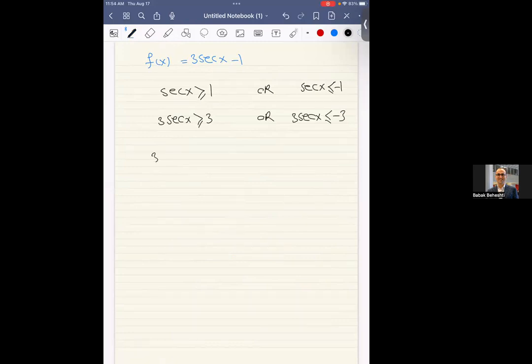So that means 3 times secant x minus 1 is greater than 2. So that means the range is all numbers less than negative 4 union with all numbers greater than 2.